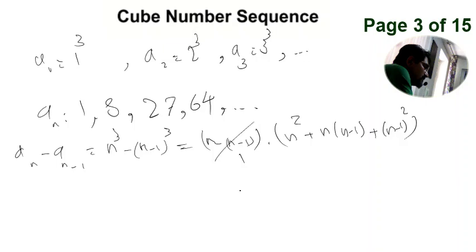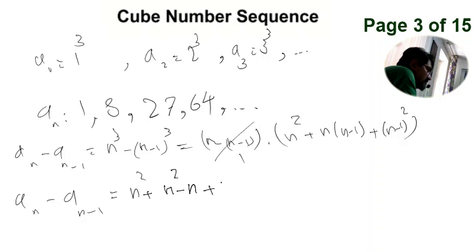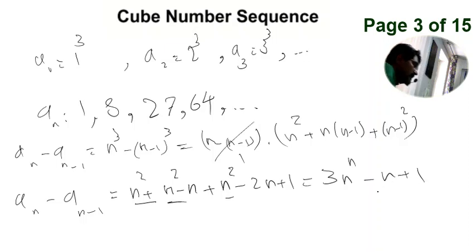This is equal to 1, and we have an minus 1 is n square plus n square minus n plus n square minus 2n plus 1, that is 3n square minus n plus 1.